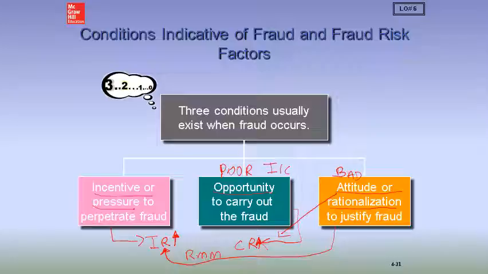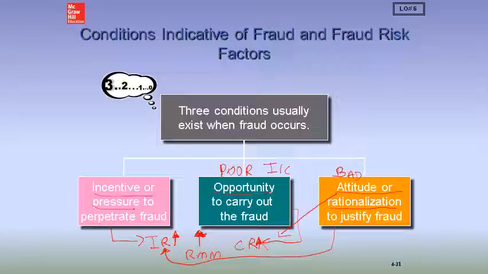Okay, but again, we're looking at these fraud risk factors and seeing how they impact our risk of material misstatement. If we see the fraud risk factors present and they're driving our risk of material misstatement up, we're going to respond how? Through our detection risk. We're going to put some procedures in place that will allow us to detect that material misstatement due to fraud.